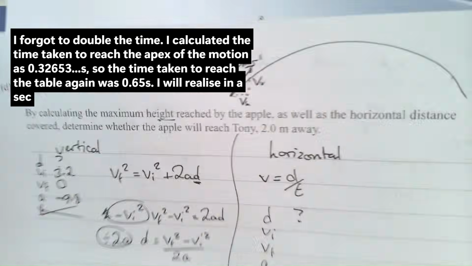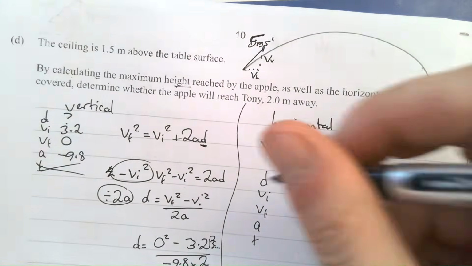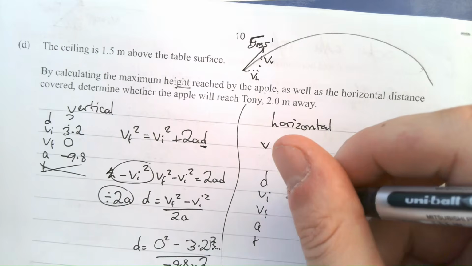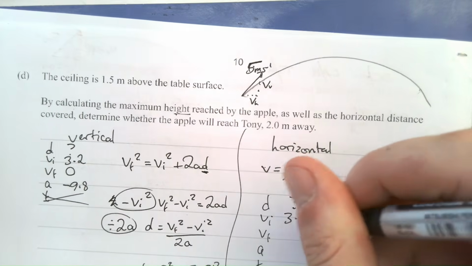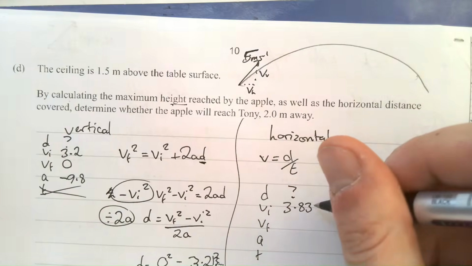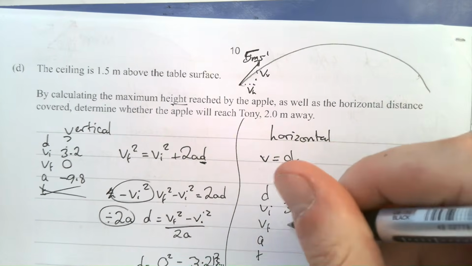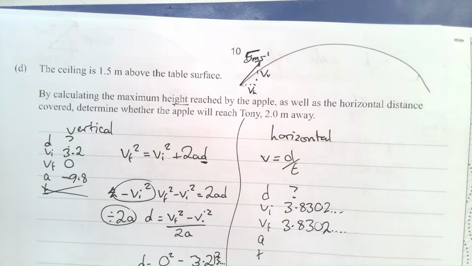My Vi as my horizontal motion from the previous part, 3.8. And again, you should use the unrounded answer. I know that the mark scheme's leading us astray, but I'm going to do it anyway. Vf is exactly the same because there is no horizontal acceleration.